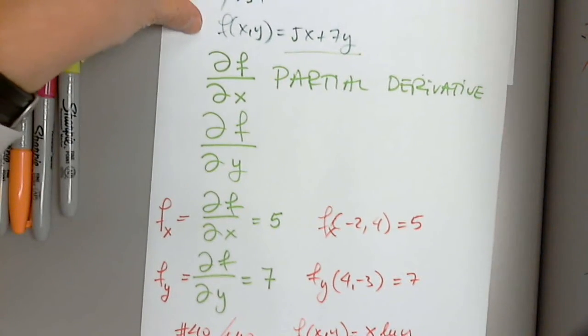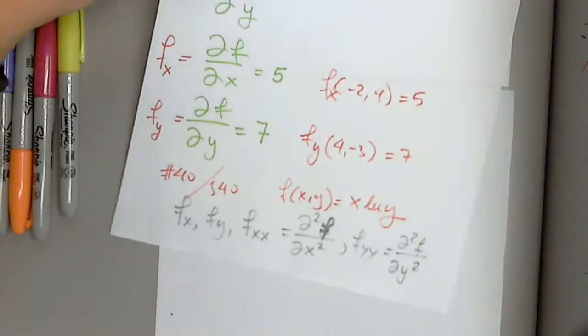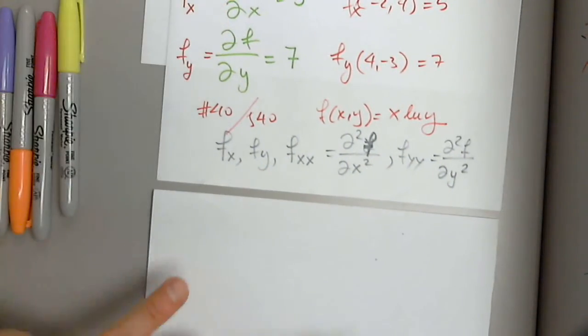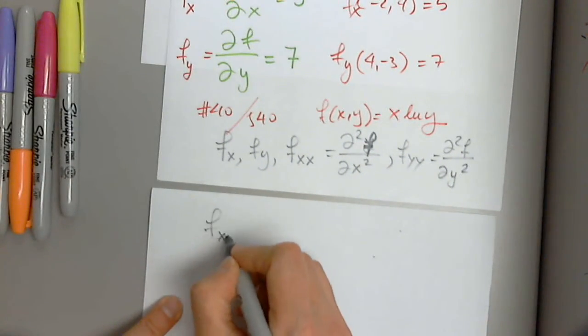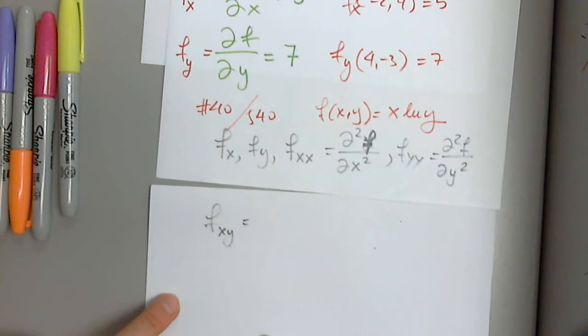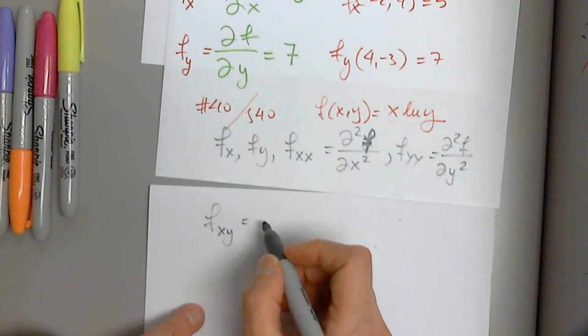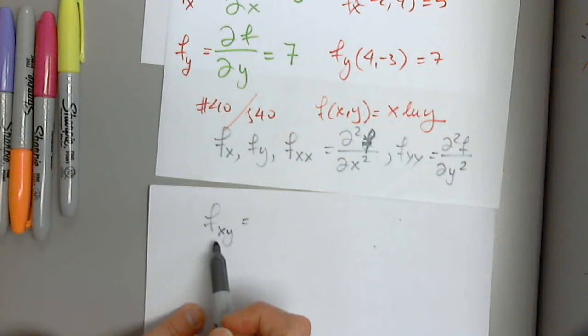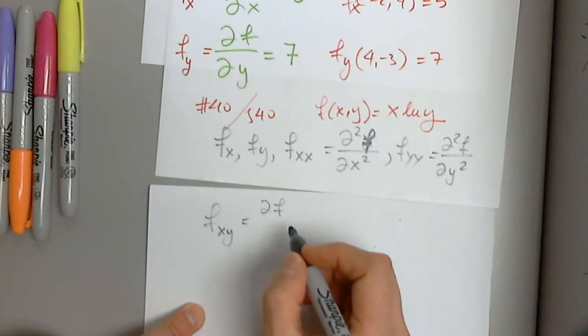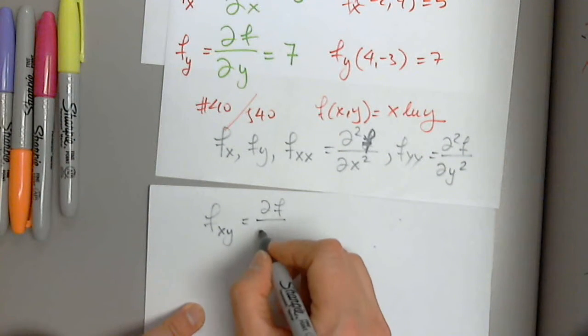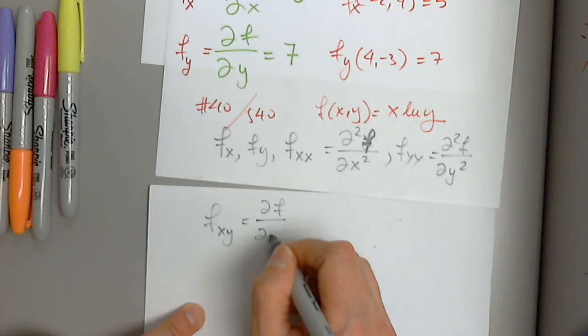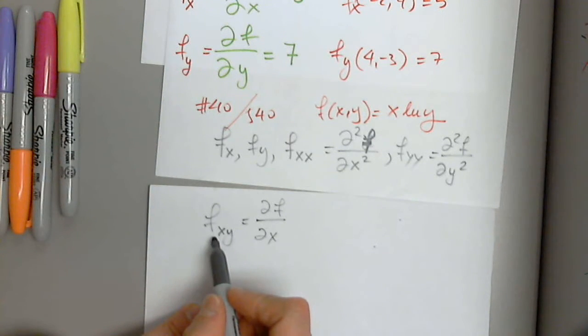Final question before we calculate them. What do you think fxy will mean? So it will be, first of all, df with respect to x, the first one.